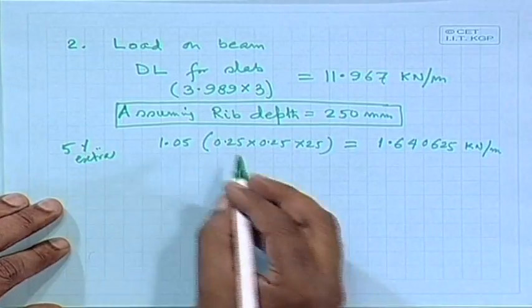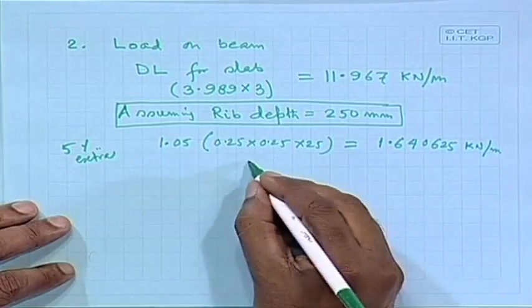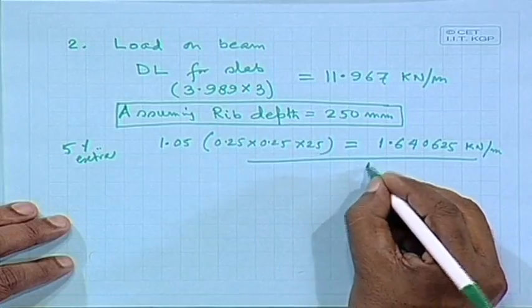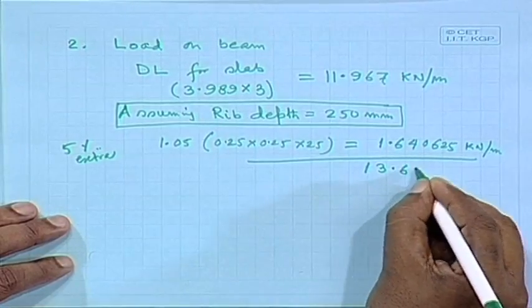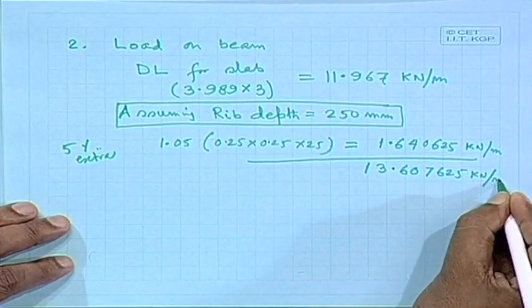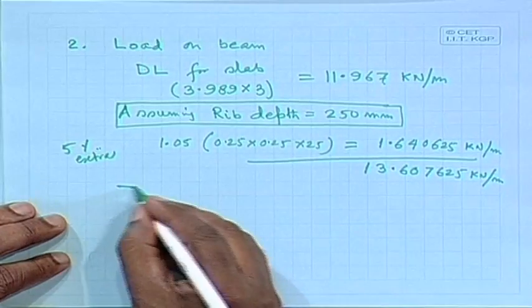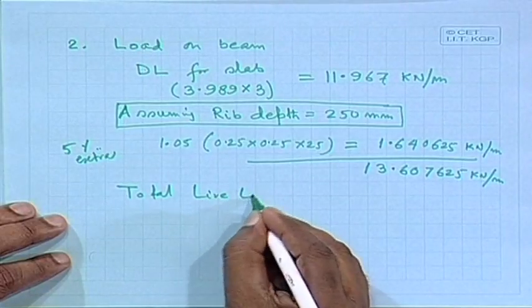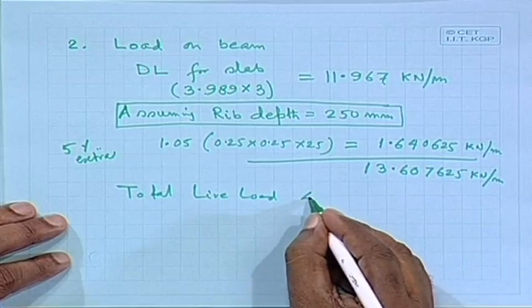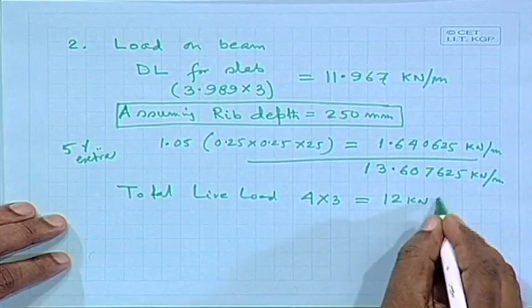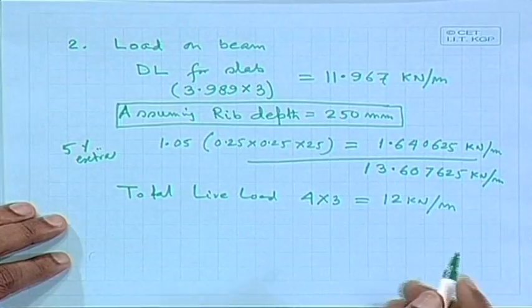I have taken 5% extra for finishing and other things. So, we get 13.60765 kilonewton per meter. Total live load: four into 3, in a similar fashion, which comes as 12 kilonewton per meter.